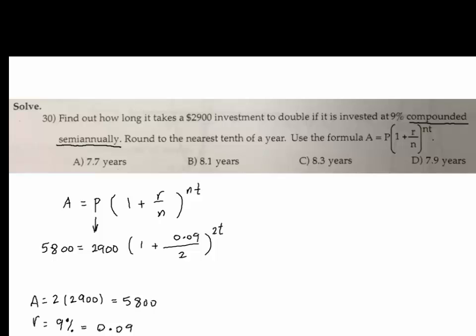So this is how we solve this. Can somebody tell me what would be a first step here? To isolate T, what would be a first step? That should be easy. What's the first thing we do to solve this for T? We should eliminate 2,900. How do you eliminate the 2,900?